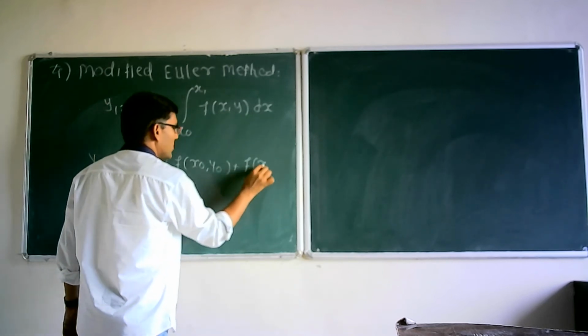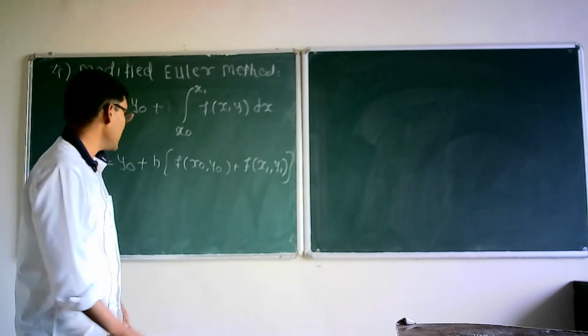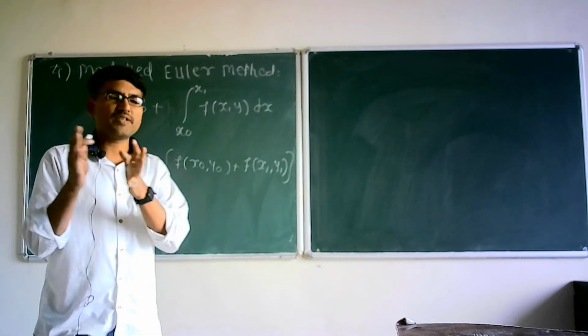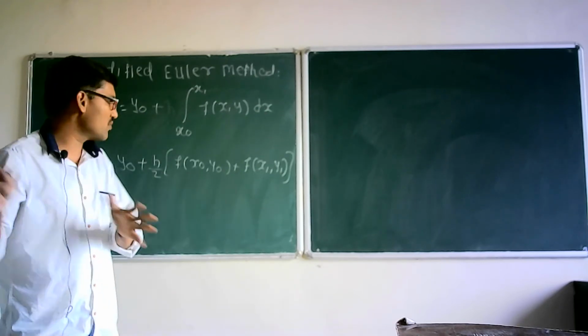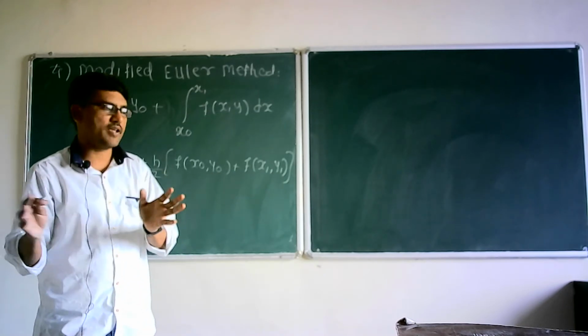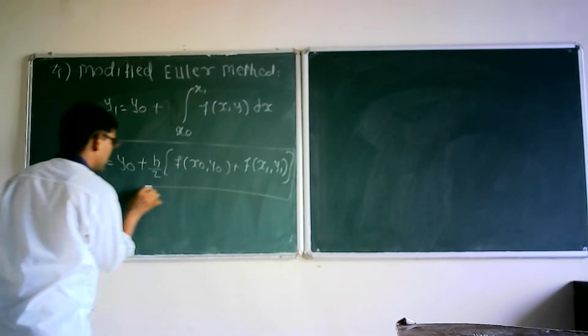of x1, y1. In the trapezoidal rule we apply h by 2 times y0 plus yn plus 2 times y2 plus y3, y4 and so on, but since there are only two terms, it is only y0 and yn. So this is the formula for the modified Euler method.